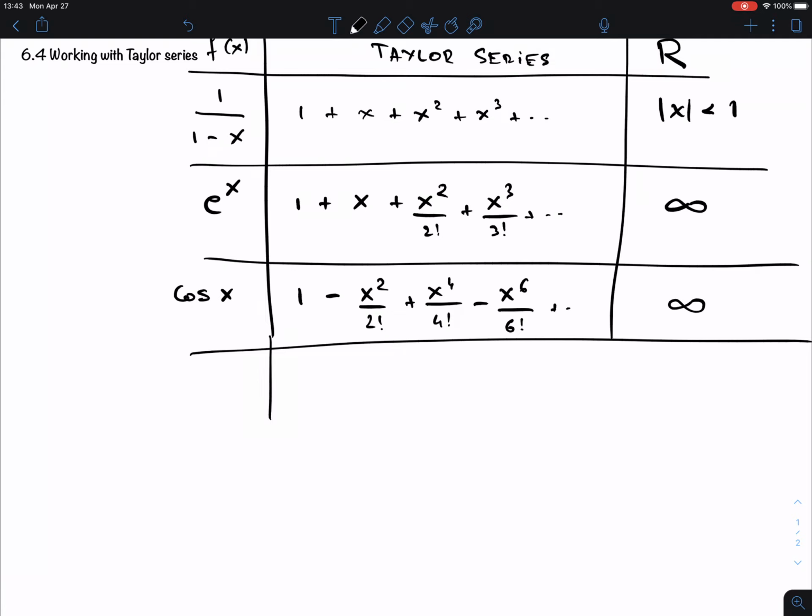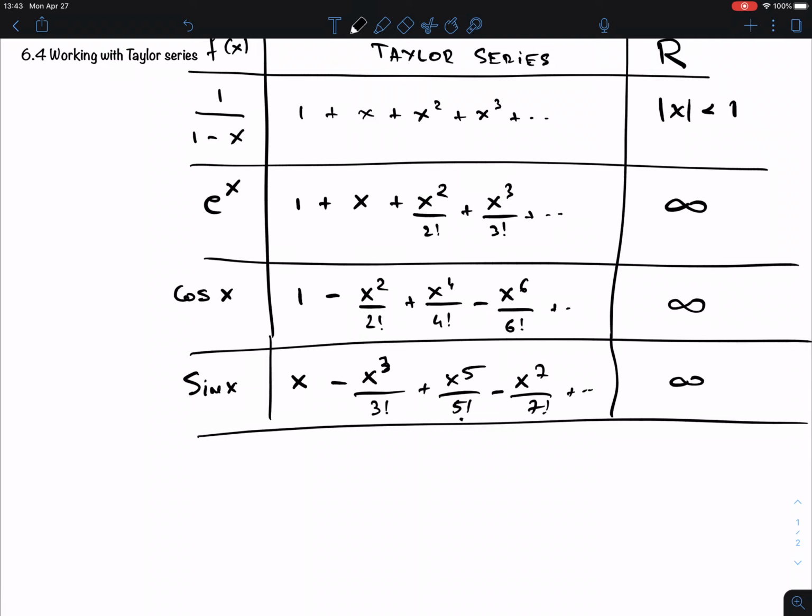And the sine is almost the same, except that this time we have the odd powers. So we have x minus x cubed over 3 factorial, plus x to the 5th over 5 factorial, minus x to the 7th over 7 factorial, etc. And again, radius of convergence infinity. Okay, so these are the 4 functions that we're going to work with in today's lecture.